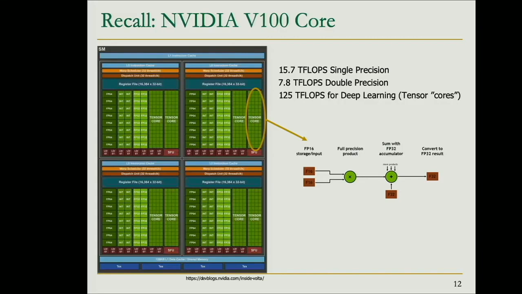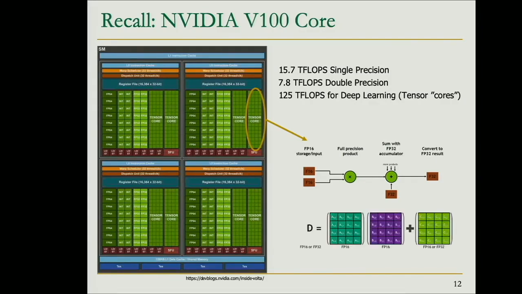This is 16 bits to represent the floating point number. It is a very common practice in deep neural networks, because this precision is more than enough to do training and inference in neural networks. And actually you can have what you see here with this mixed precision, because the input operands are 16 bits, but the output is 32 bits, or you can also have the output with 16 bits.